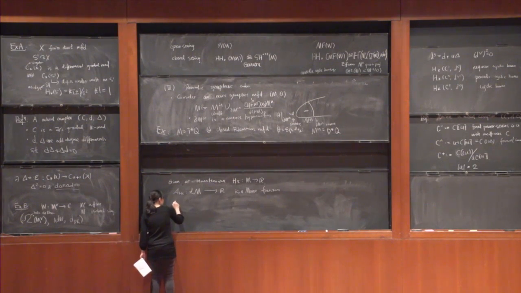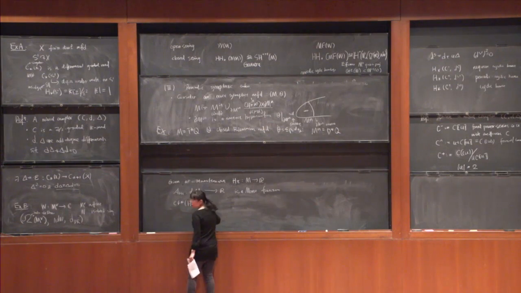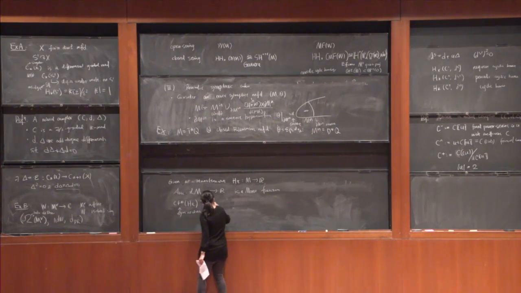And roughly, the symplectic cochain complex I'm going to define is a cochain complex generated by all its critical points.